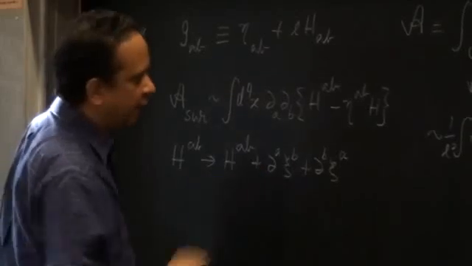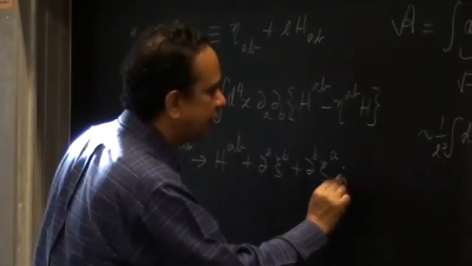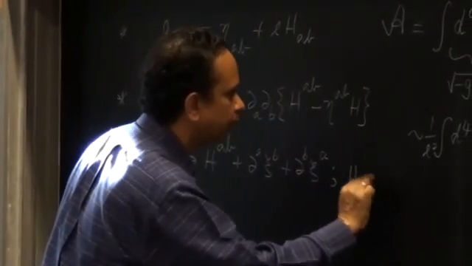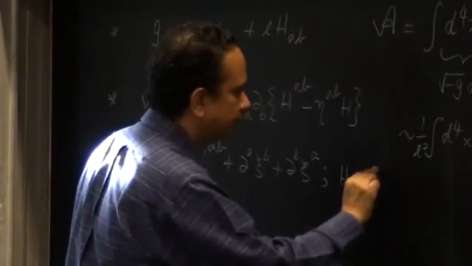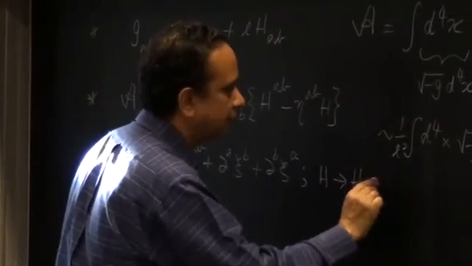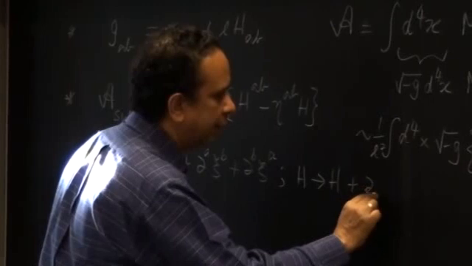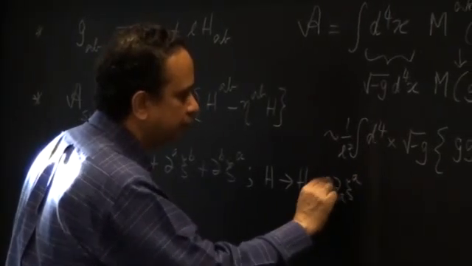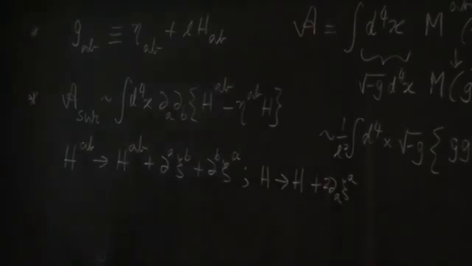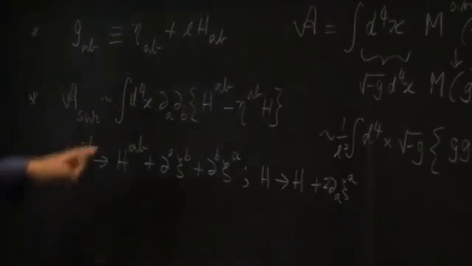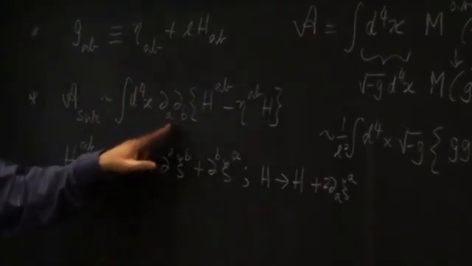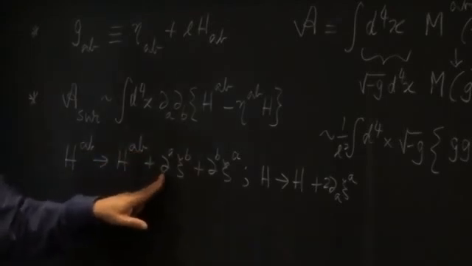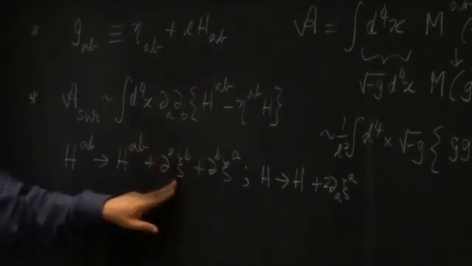So this is how HAB will go, and H will go to H plus 2 ∂A ψA, with a factor 2. Now if you plug it into this and you look at the derivative structure, this ∂A ∂B acting on this is essentially going to give a box of the divergence of ψ.